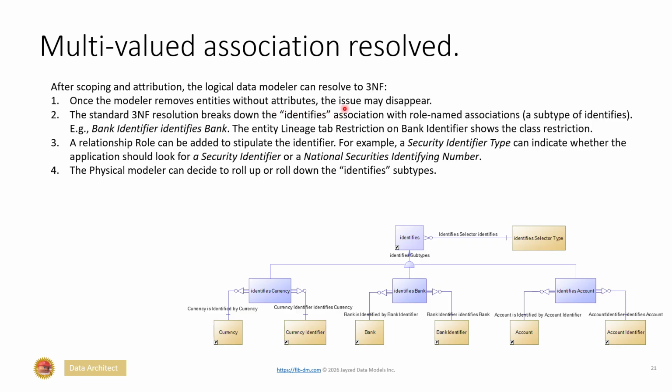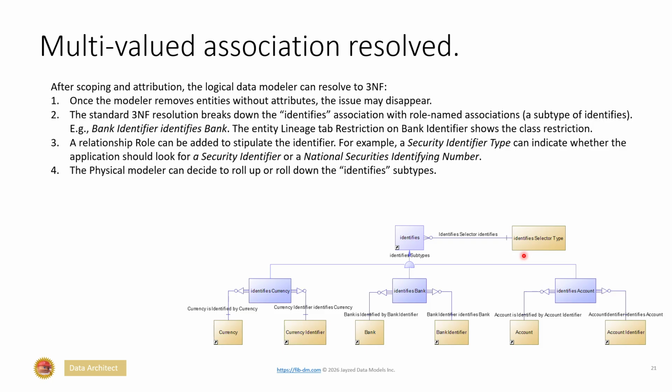And then the issue may disappear simply because we remove entities that do not have attributes. And now if you want to control and prevent incorrect entries in an identifies table, then you can follow the normal data modeling pattern. No?